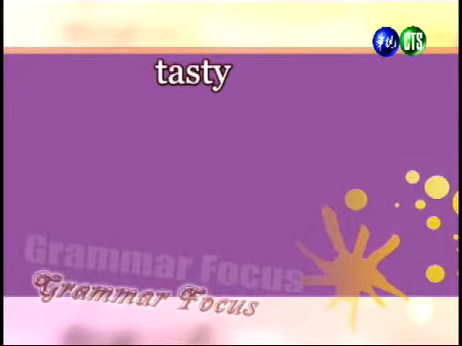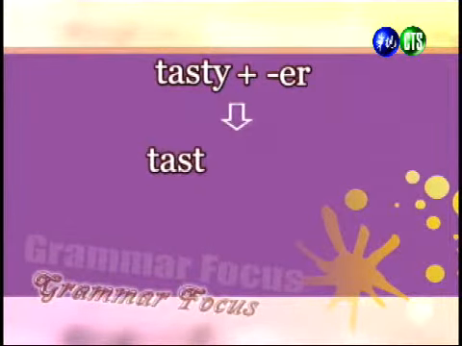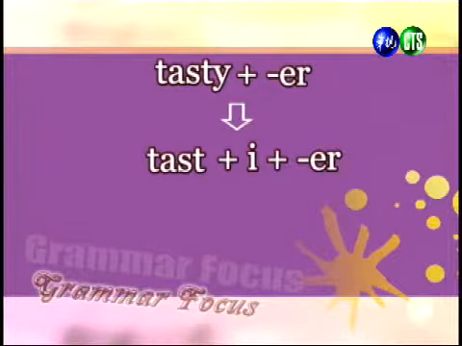Tasty is two syllables that ends in Y, so we can add ER to it. And we also have to change that Y into an I before we add the ER.